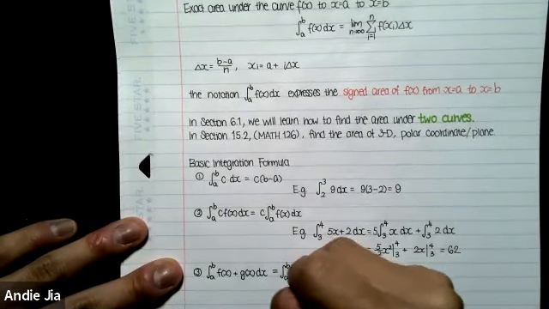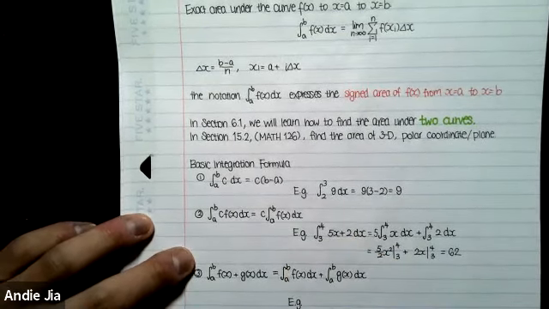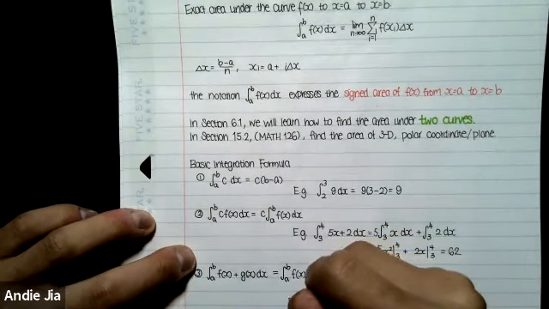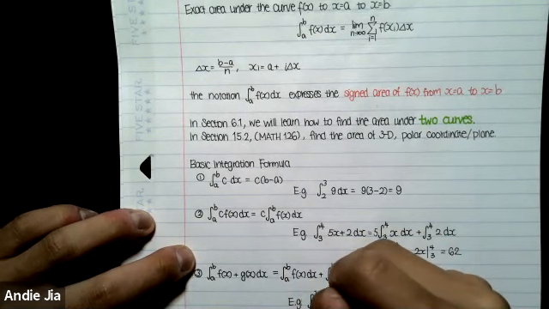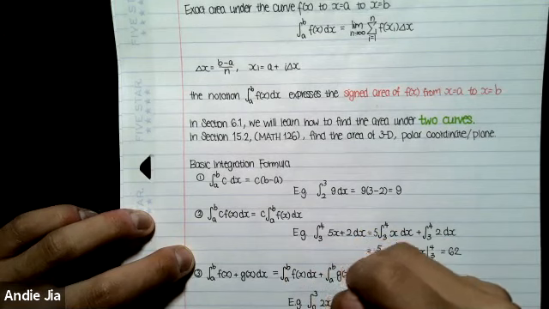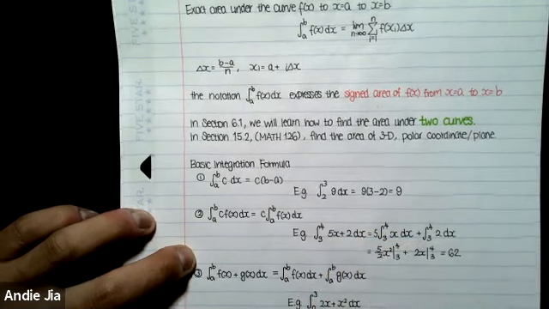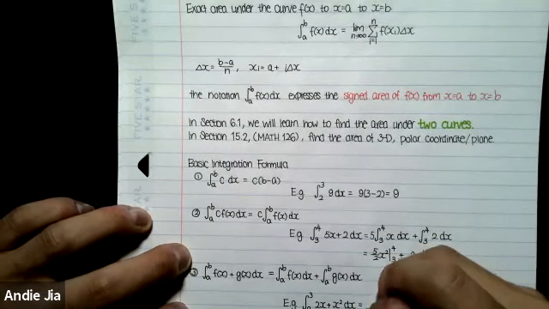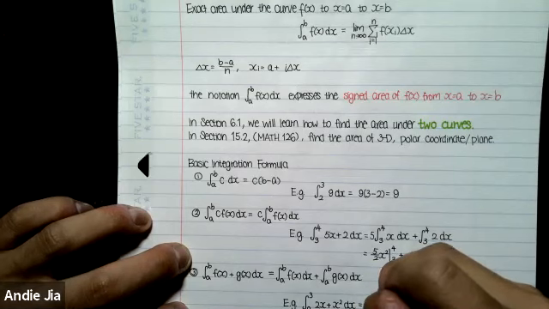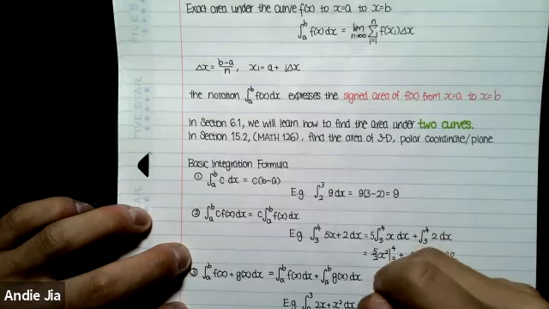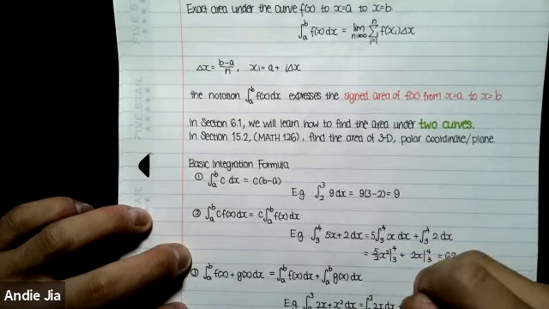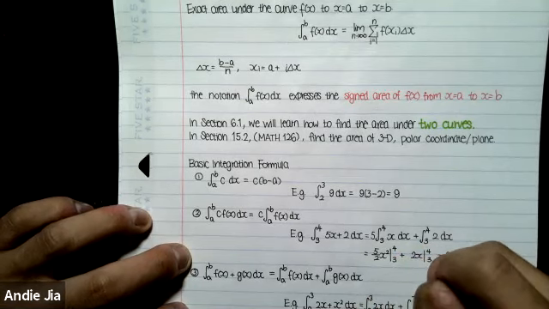Example: if you have a function, then what we have is the integral from 0 to 3 of 2x dx plus the integral from 0 to 3 of x squared dx.